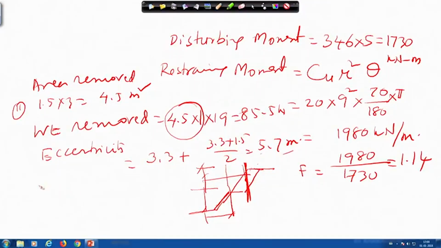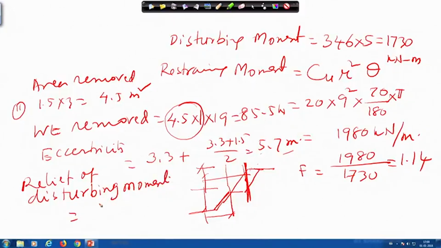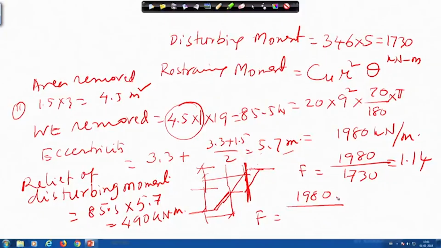So, relief of disturbing moment will be equal to 85.5 W and it is 5.7. So, that becomes your 490 kilonewton meter.